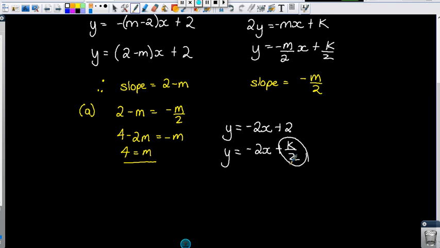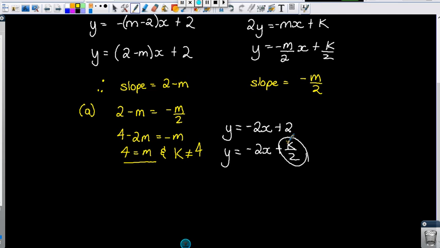For there to be parallel lines, m has to equal 4 and k cannot equal 4. Right? That whole thing can't be 2, which means 4 divided by 2 can't be. Does that make sense? Happy?